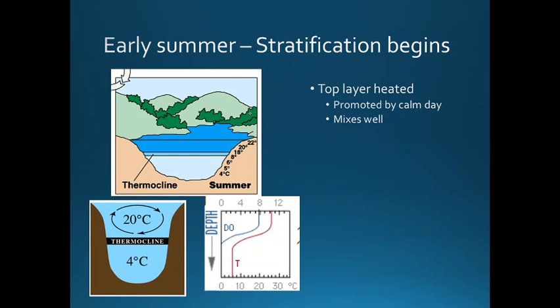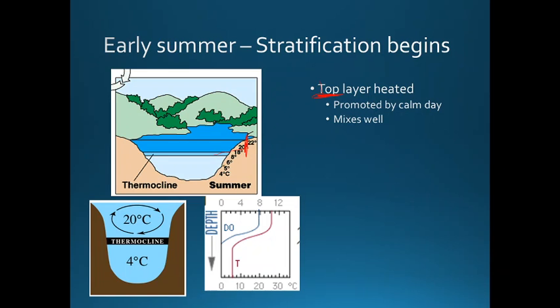But remember, in early summer, the sun starts to get stronger, and that top layer is heated. Remember, the top layer is heated only because that infrared light is absorbed in the very upper, really the first couple inches. Now, if you have a calm day, you need just 1 or 2 calm days, and it'll start that stratification process, and you get really warm water up towards the top.